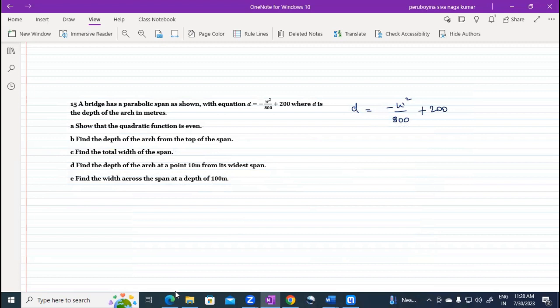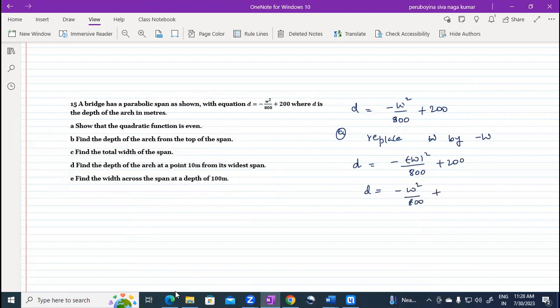So first part, replace w, the width, by minus w. So it will be d equal to minus w square divided by 800 plus 200. Is it the same equation again? Yeah.